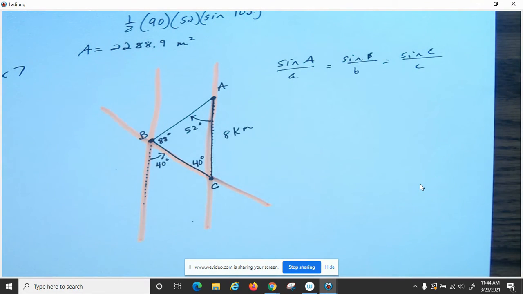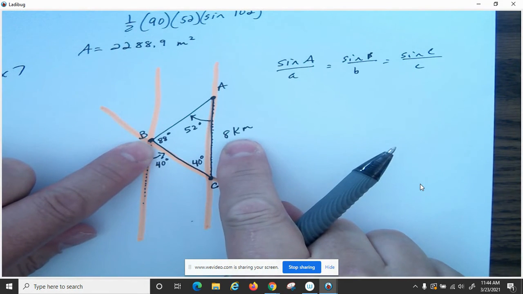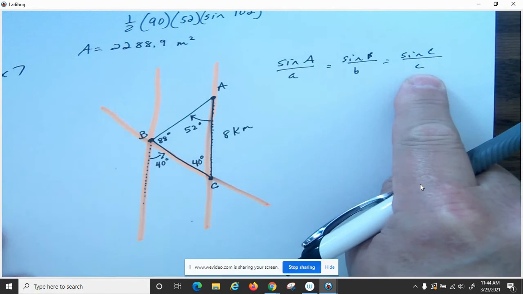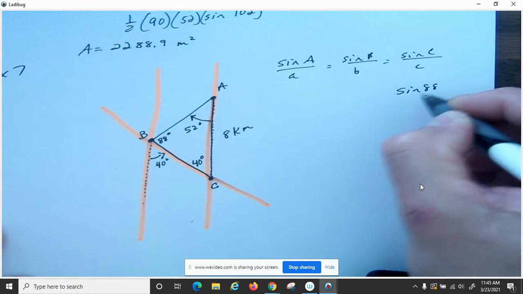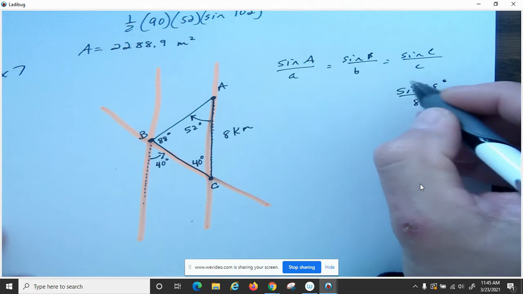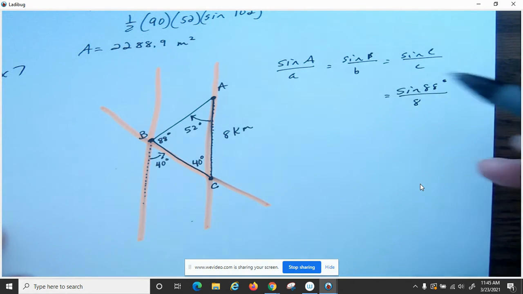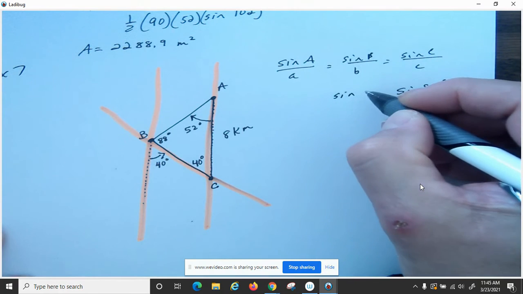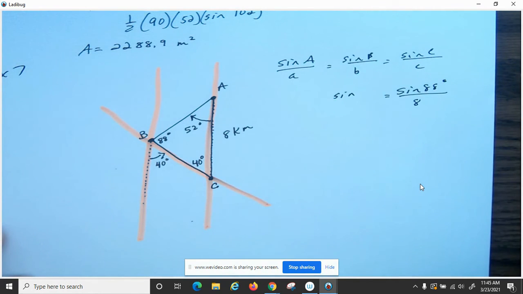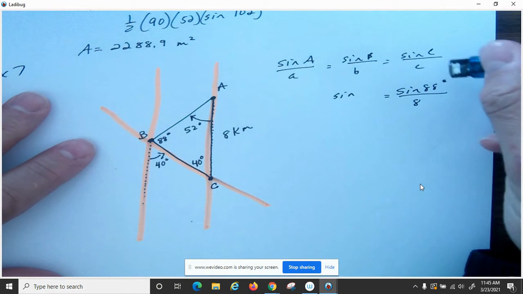Now I have one complete ratio. So let me go ahead and fill that in. The sine of 88 degrees over 8 kilometers. And I have all the other angles. I have angle B, which is, I'm going to put that 88 in the wrong spot, and I'll put that 8 in the wrong spot.